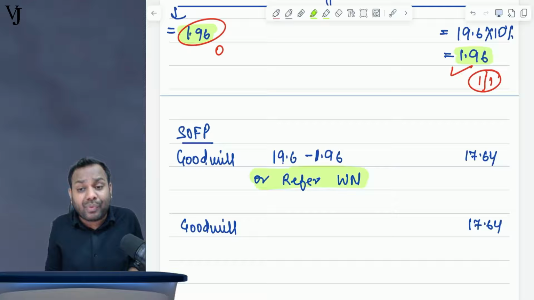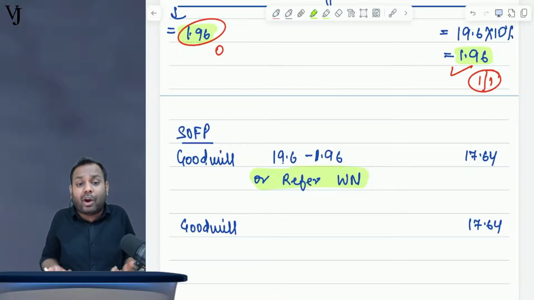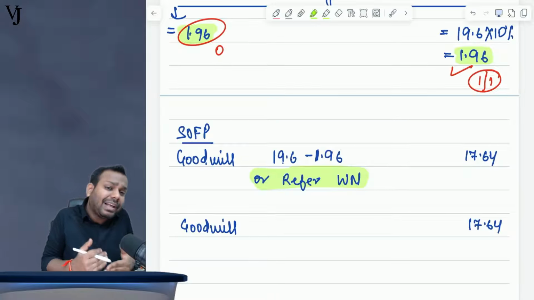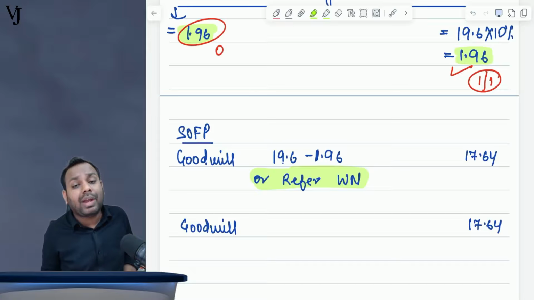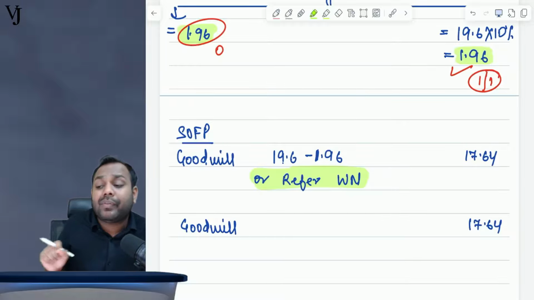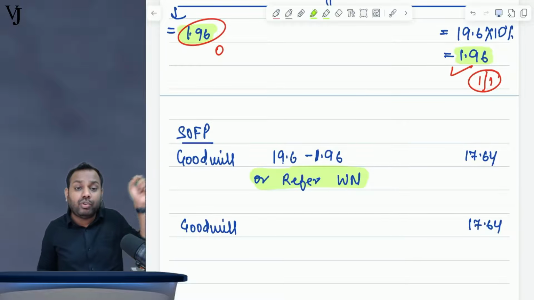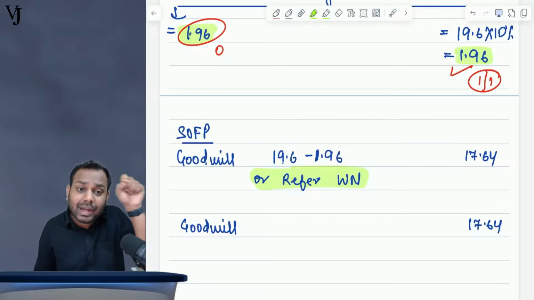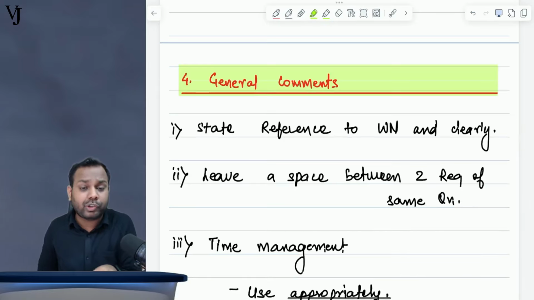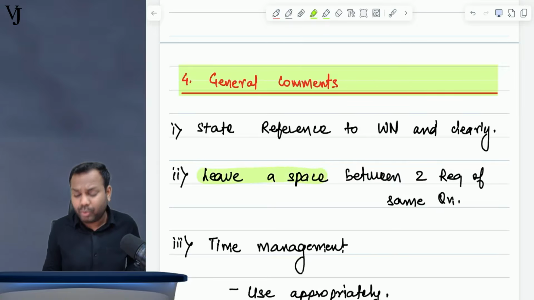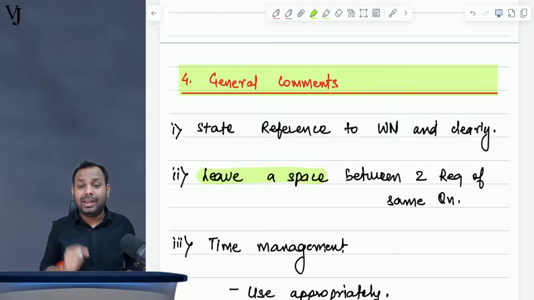Give the reference, without which how will the examiner know from where you have calculated this? Wherever you are using those working notes, state the reference. Now let's suppose in one question there are multiple requirements. Leave a space between two requirements of the same question.